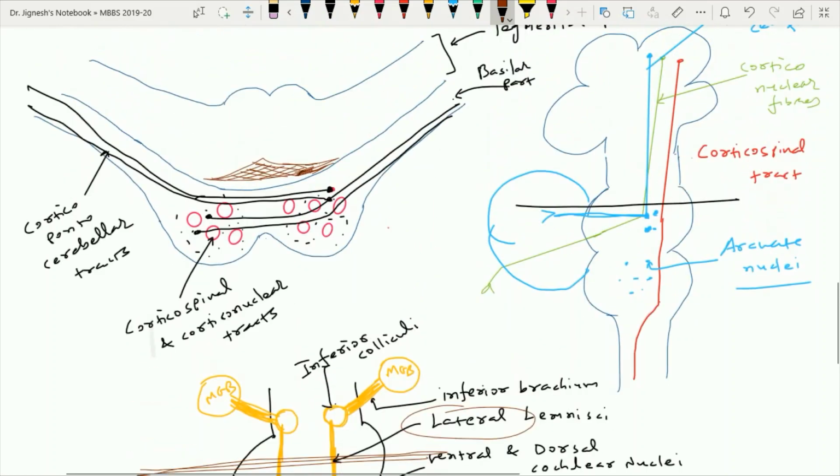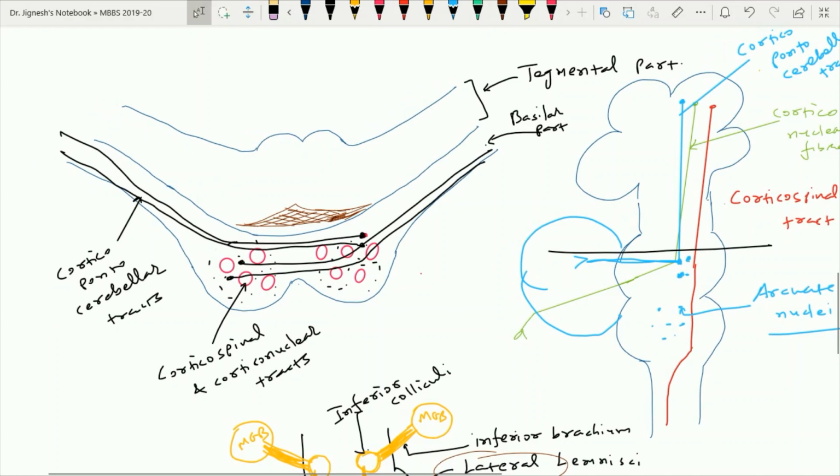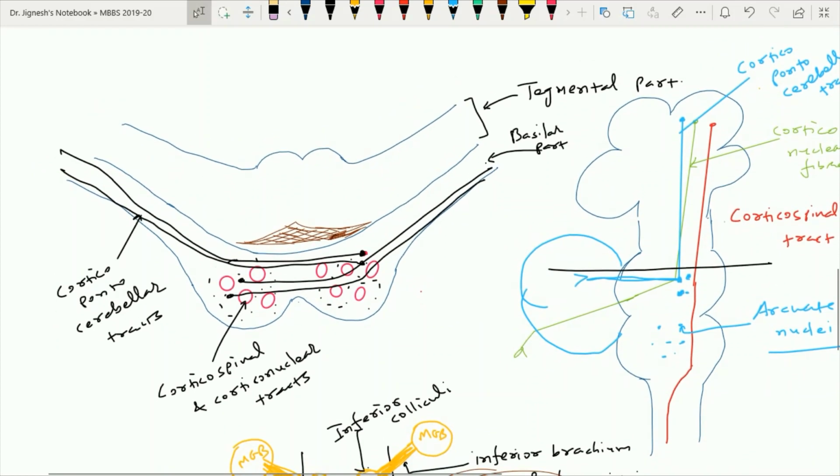So here, when we see this section at the lower side of the pons, we can see this trapezoid body. Along with it, we can see the ventral and dorsal cochlear nuclei. Here this is the ventral cochlear nucleus and this one is the dorsal cochlear nucleus.